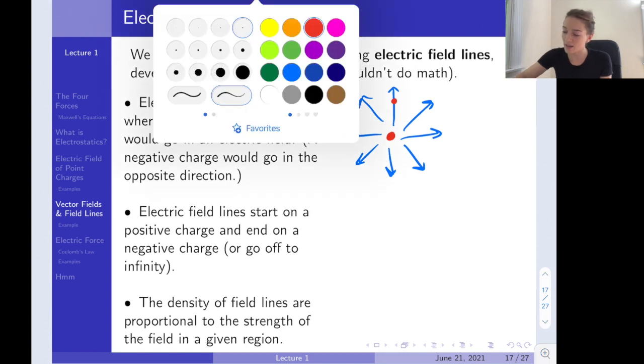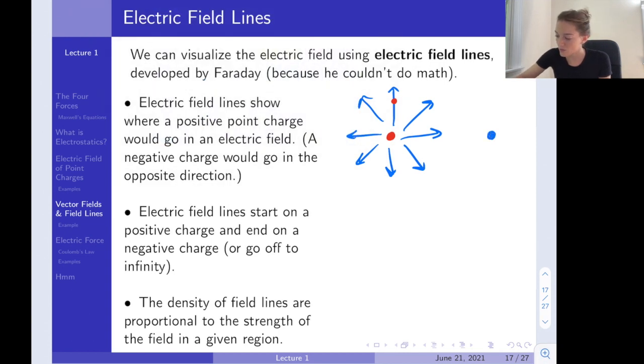If I have a negative charge, my electric field points towards the negative charge. So if I put a tiny positive charge here, it would be drawn towards this negatively charged electron. It would go in this direction.